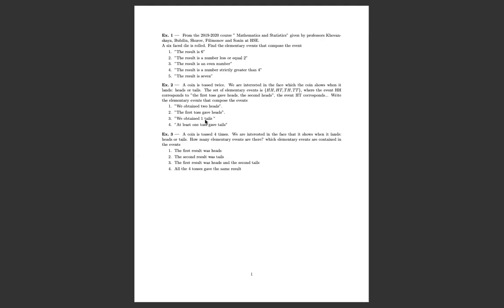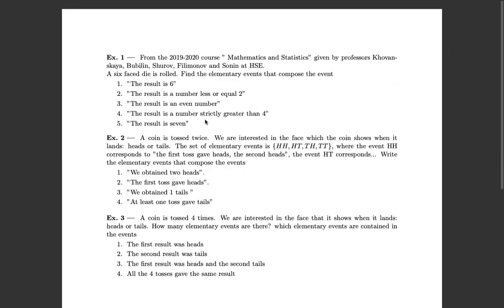Otherwise I go on with the definition of probabilities, but maybe it's better to do these exercises in class.